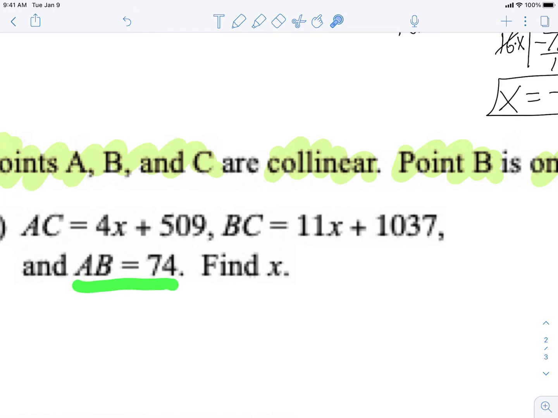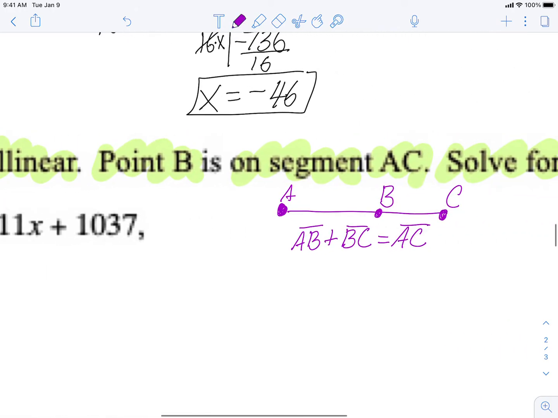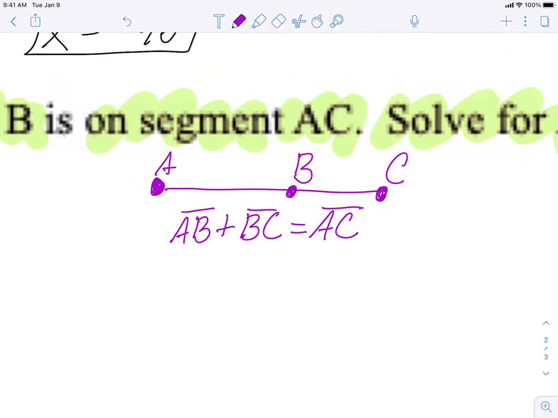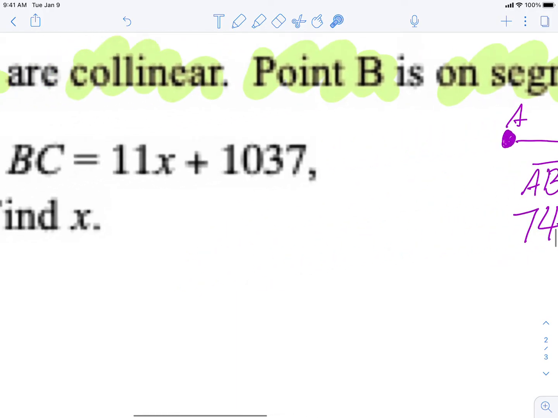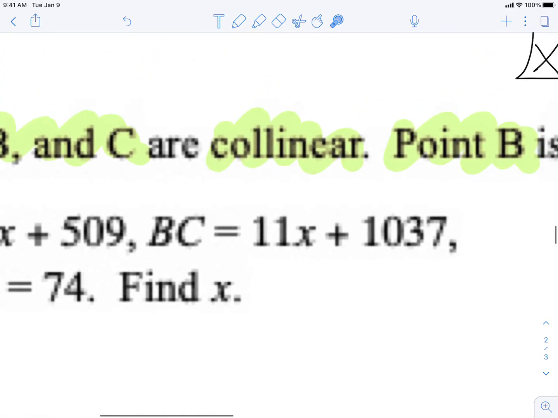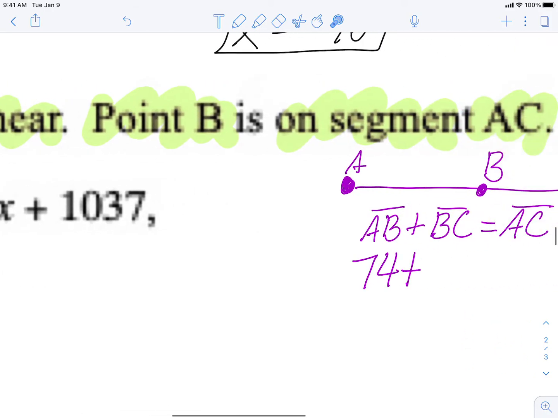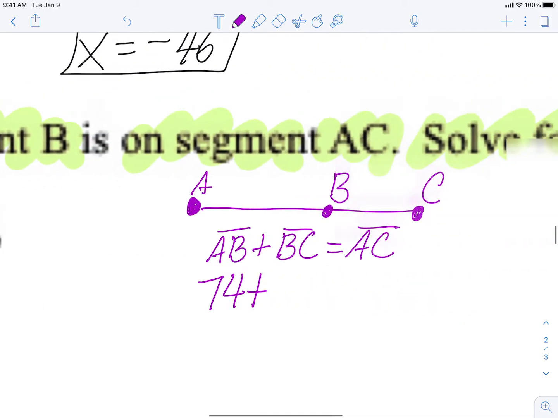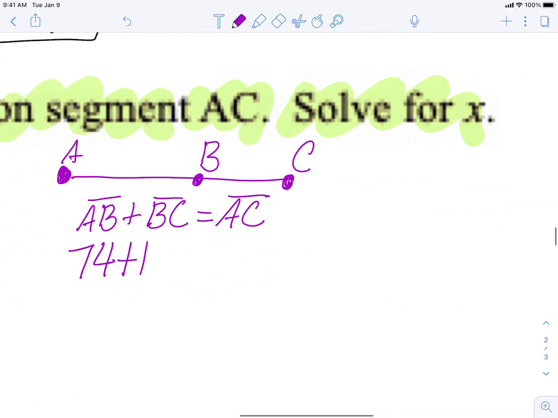AB is equal to 74. Okay, let's write it in. AB is equal to 74 plus BC. Well, how much is BC? BC is 11x plus 1037. Whoa. Okay. 11x plus 1037.